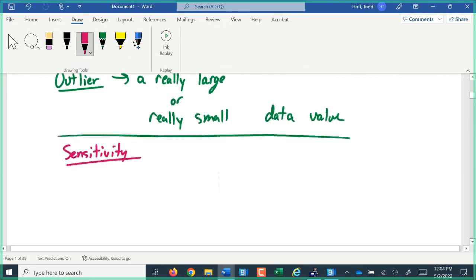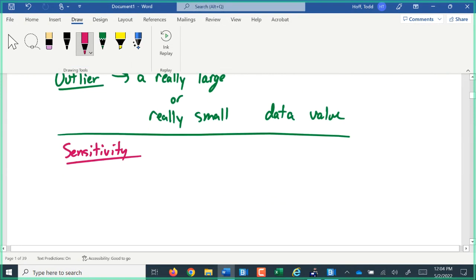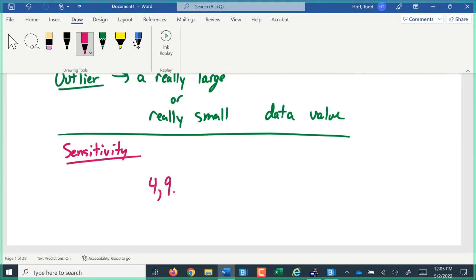If I have a data set, and I'm just going to make one up here, and I'm going to put the numbers in order, just to make it easier on us. So 4, 9, 10, 12, and 15. There's our data set. N equals 5. There are 5 numbers in the set. The mean.